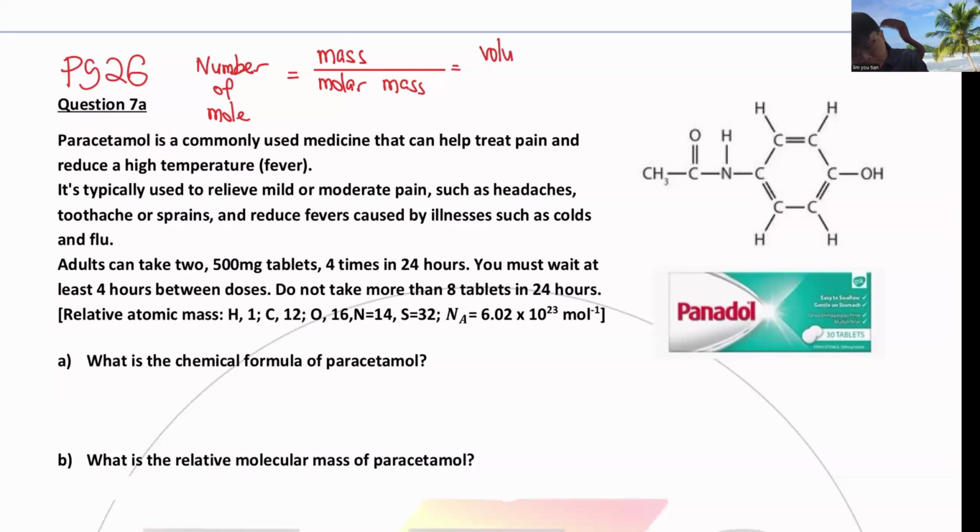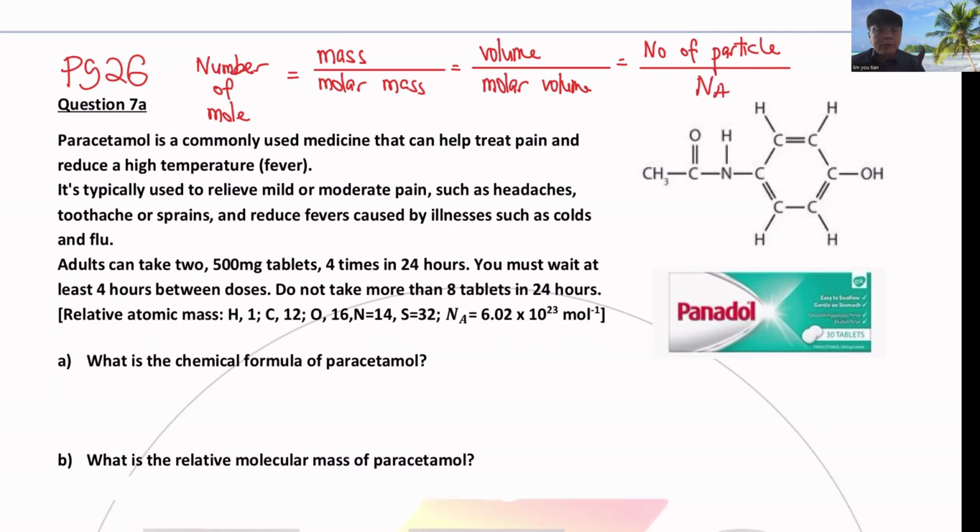The second one is volume over molar volume. The third one is number of particles over Avogadro constant.